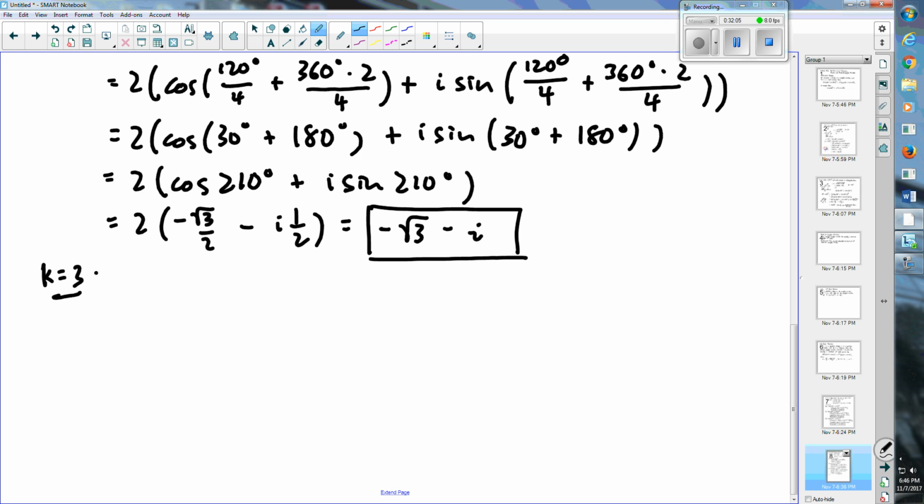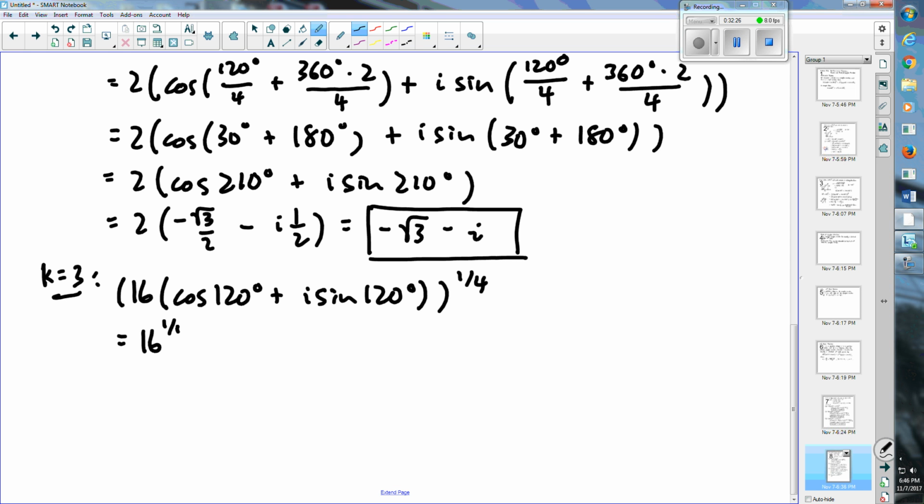We'll extend the page one more time because we have one more k value. We have to do the same thing, this time when k is equal to 3. We start the same way: 16 times the cosine of 120 degrees plus i times the sine of 120 degrees, to the 1/4 power, equals 16 to the 1/4 times the cosine of 120 degrees over 4 plus 360 degrees times k.